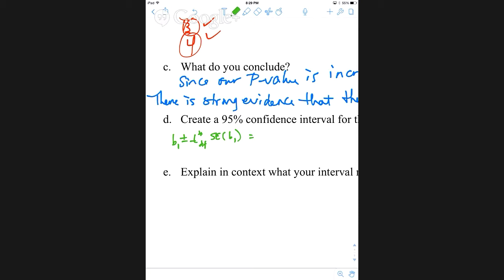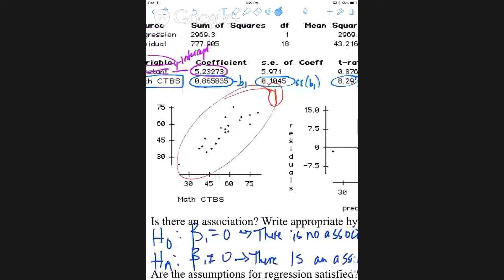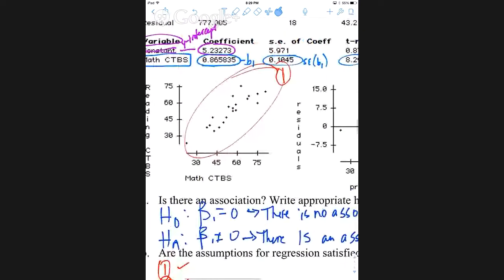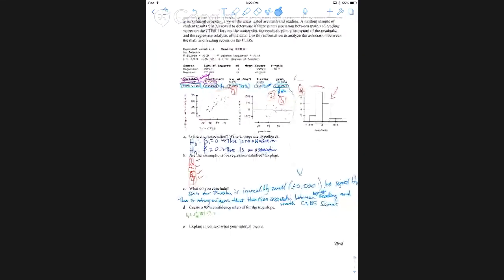So I'm going to plug everything I have into that formula, and I know B1 was 0.865835 plus or minus. I need my T star with how many degrees of freedom? 18. So I'll keep parentheses here for that. And my SE is 0.1045.